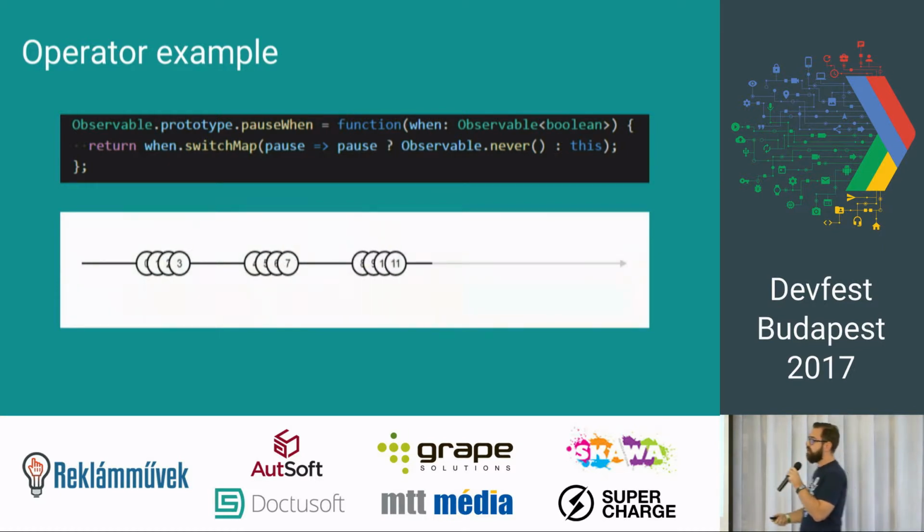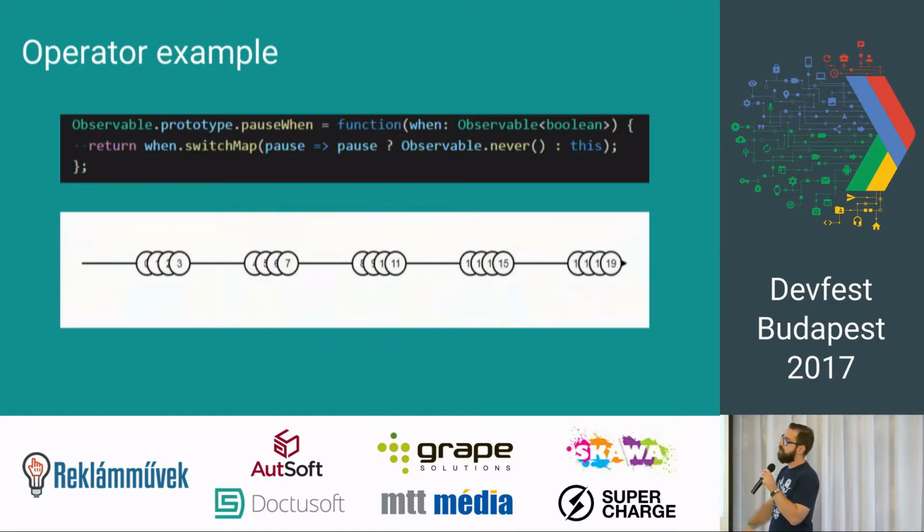And what we did is that basically we have the observable that's emitting some data, whatever, don't care. And we have a condition, another observable that emits Boolean values, true, false, whatever. And when it emits a false value, we just switch to a never observable, which never emits anything.